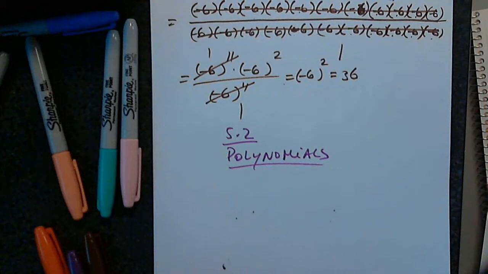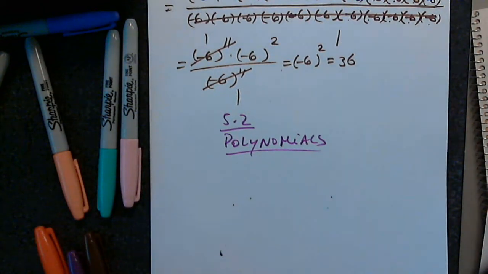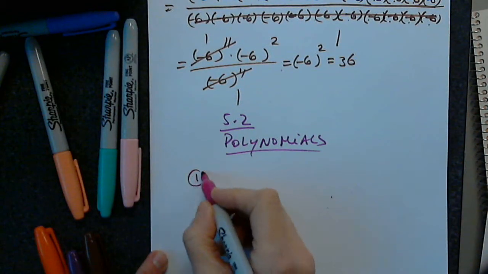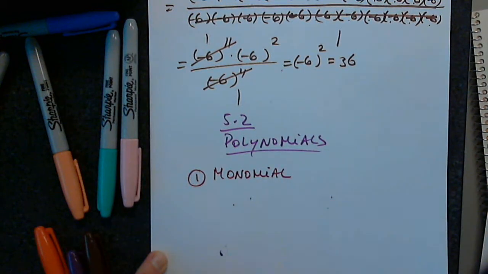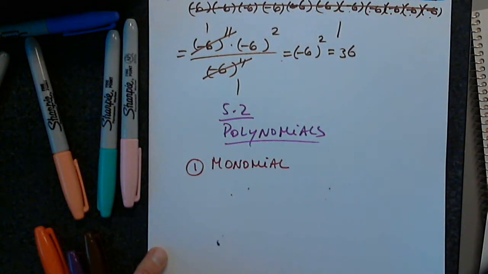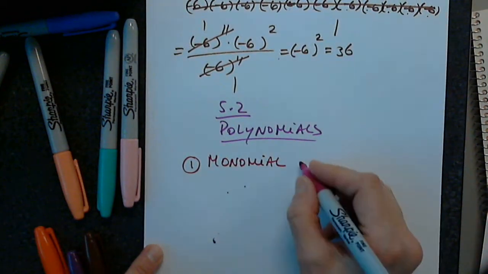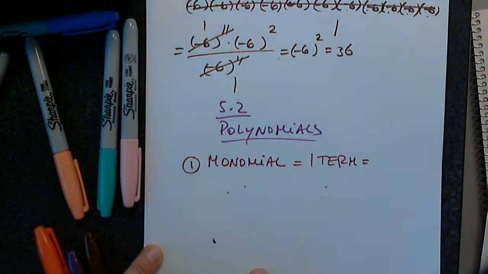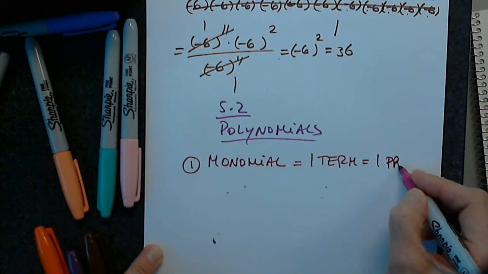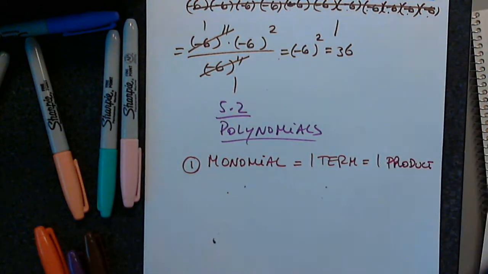There are many different types of polynomials. We basically split them in few categories. Here is category 1, called monomial. A monomial is one term, also called one product. If there is addition or subtraction in an expression, that's not a monomial.